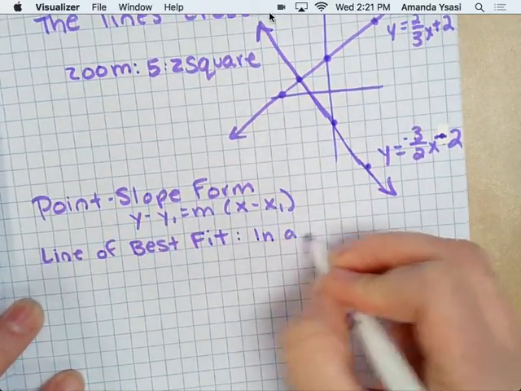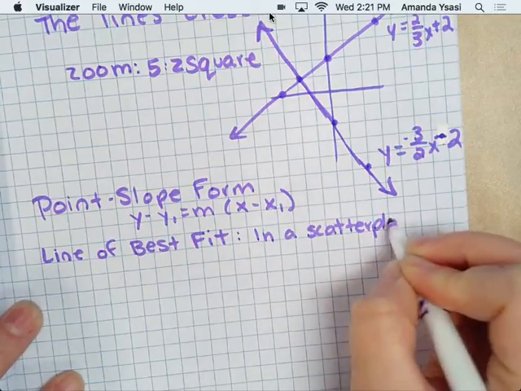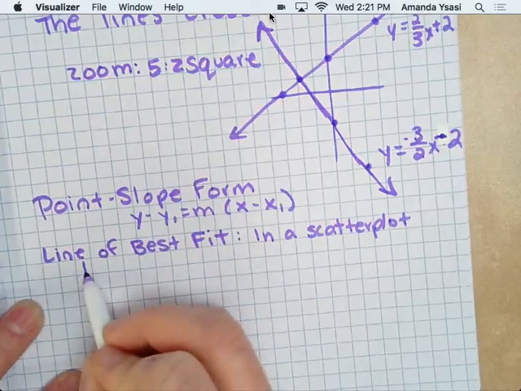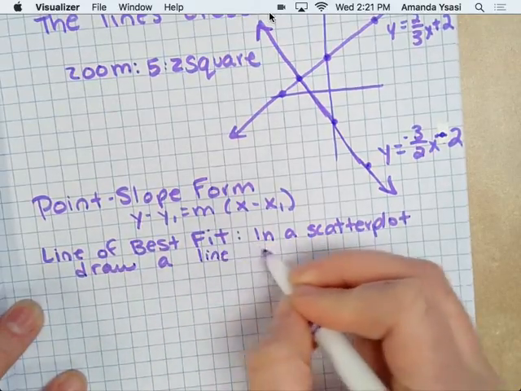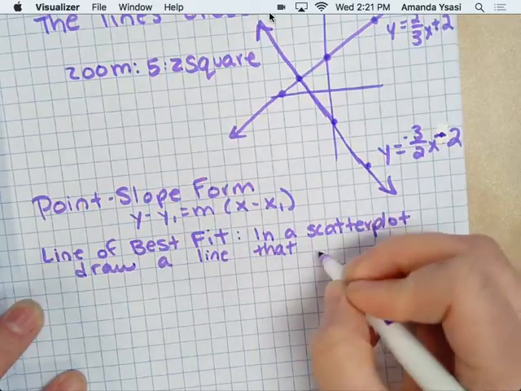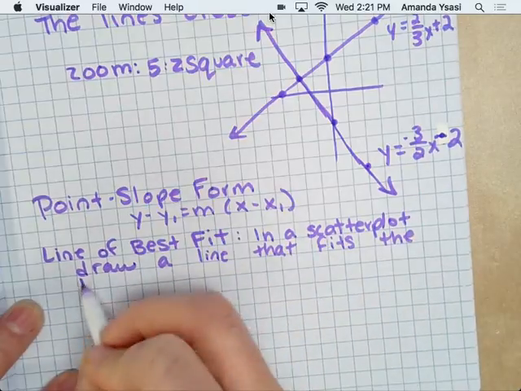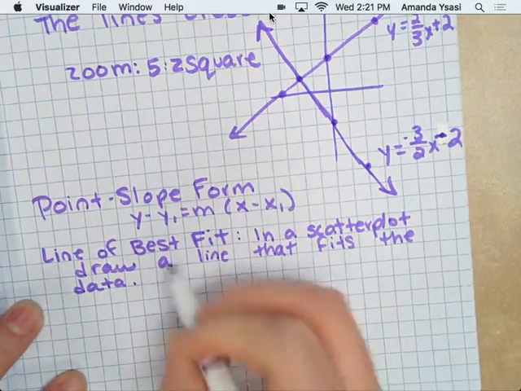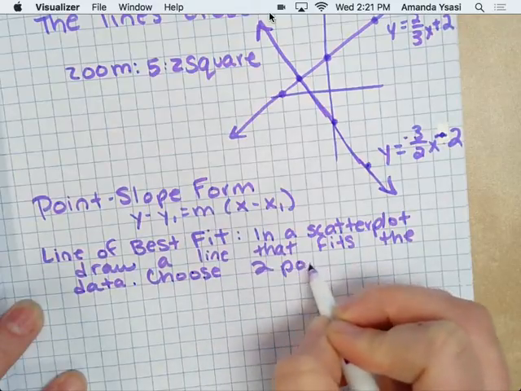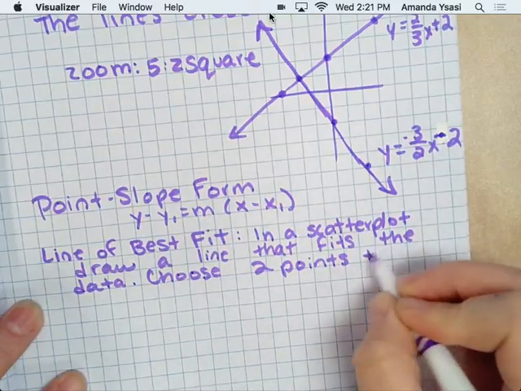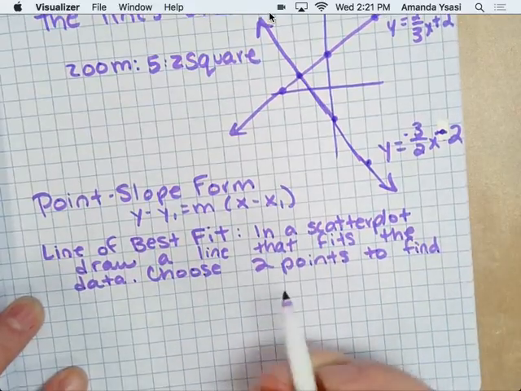So in a scatter plot, draw a line that fits the data. Choose 2 points to find the slope and equation.